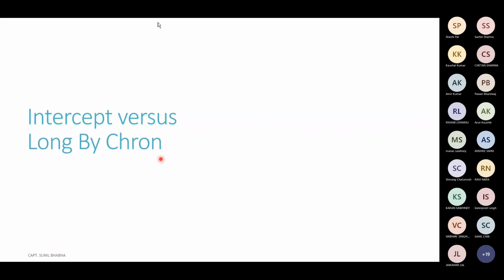Now, I told you that wherever we use the longitude by chronometer method, it is possible to use the intercept method also. It should be clear in your mind that whichever method you use, whether you use long by Cron or intercept, in both cases the position line you obtain will be the same. There will be no difference between the position line. It will be the same.